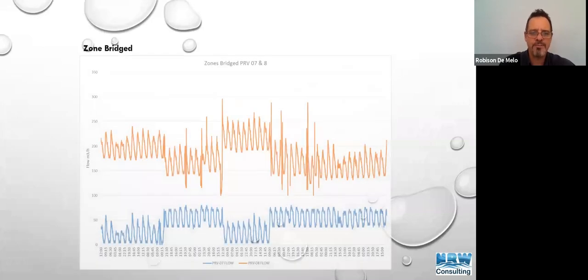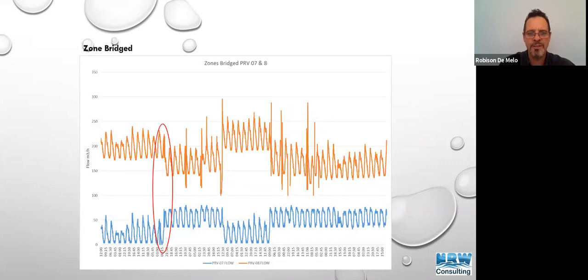Or even a zone bridge. Everything's running, and then our minimum night flow shows, when you evaluate one of the areas, that the minimum night flow dropped. That's great. And then when you analyze the next boundary or the next zone close by, you see there is a bridge between both.